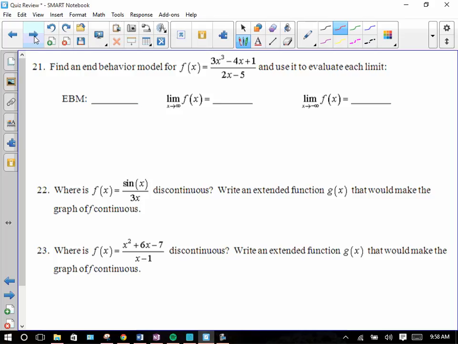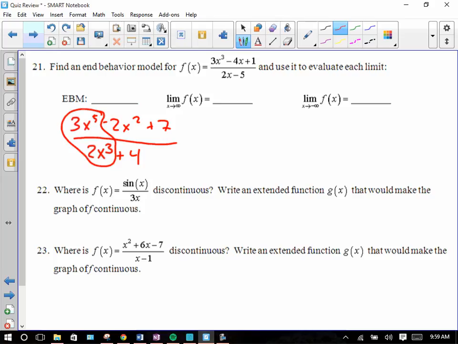Number 21, I'm not going to go over this exact problem, but to find the end behavior model, if you have 3x to the 5th minus 2x squared plus 7 divided by 2x cubed plus 4, first of all, you only look at the leading terms.